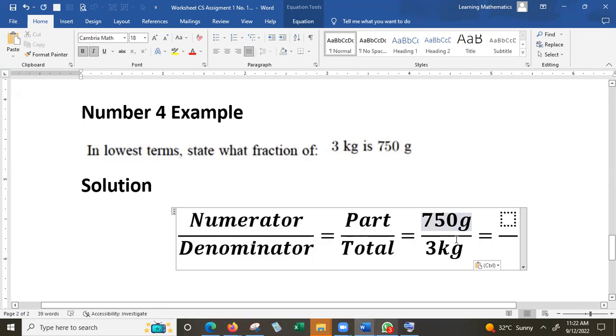The units have to be the same. We know that 1 kilogram is 1,000 grams. So the 750 grams in the numerator remains the same.